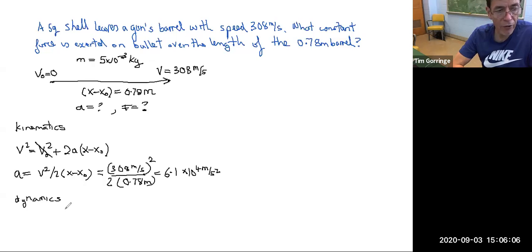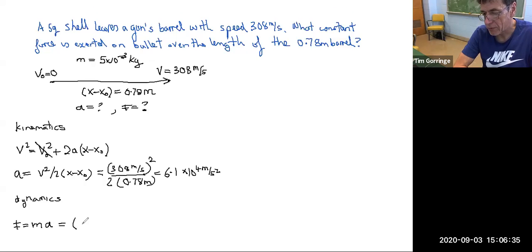We can figure out the force that must have been acting on the bullet as it travels down the length of the barrel. And that force is determined, in this case, by the acceleration and the mass of the bullet, according to Newton's second law. So this force is the force that will create this acceleration.